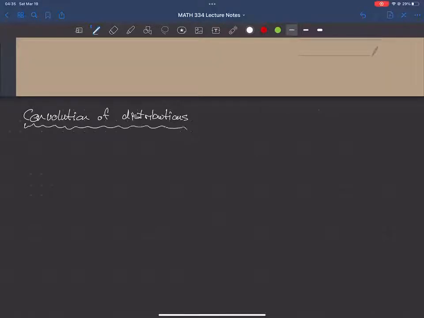So last time we eventually got to defining convolvable pairs of distributions, and when a pair is convolvable, what the convolution is. So today what I want to do is talk about examples of convolvable pairs.